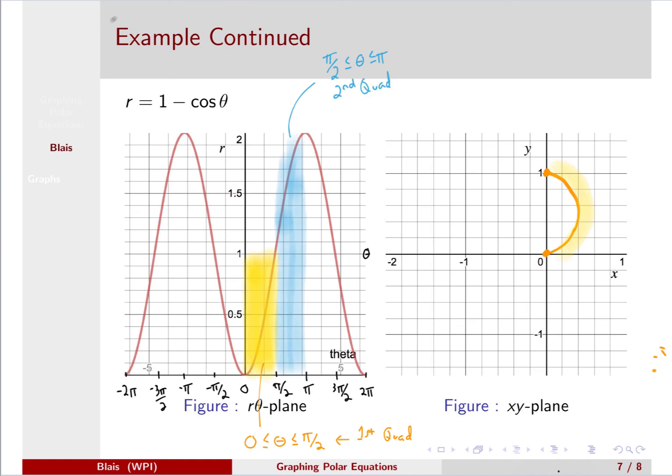So if we increase theta from pi over 2 to pi, that is rotating through the second quadrant. What's the story that this tells?